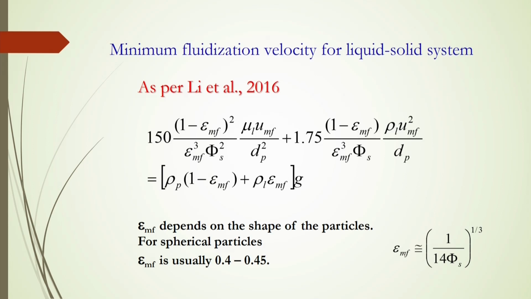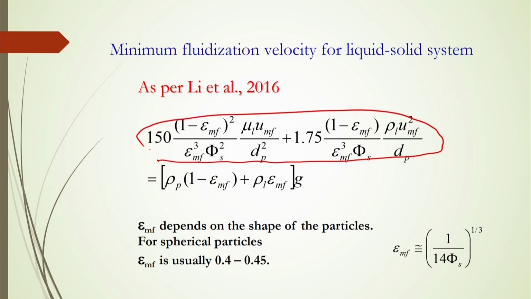Of course, this concept is also based on the concept for the gas-solid system. This is the Ergun equation part, by which you can calculate the friction or pressure drop, and that will be balanced by the apparent weight of the bed. So, by equivalency, you can calculate the minimum fluidization velocity for a liquid-solid system.